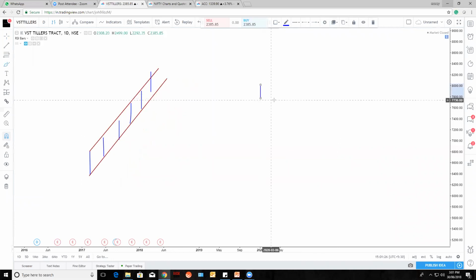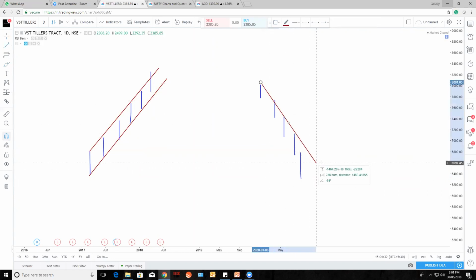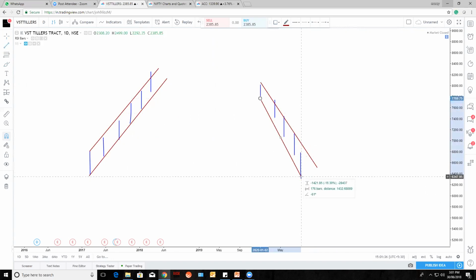Let's say this is a downtrend. So this is the channel. This is a trend line for the upside, and this is a trend line for the downside. So this is a downward sloping channel.